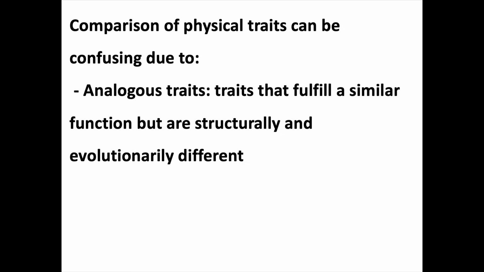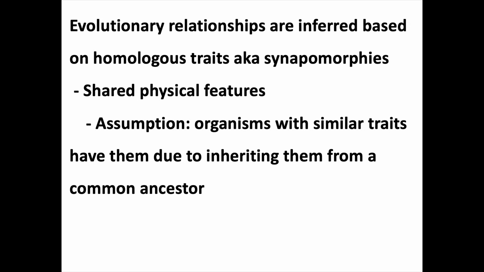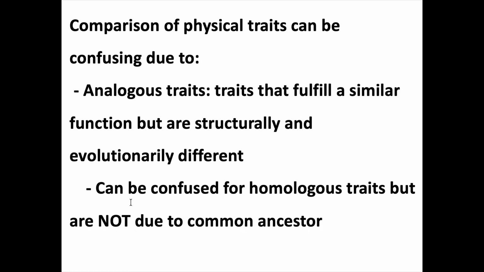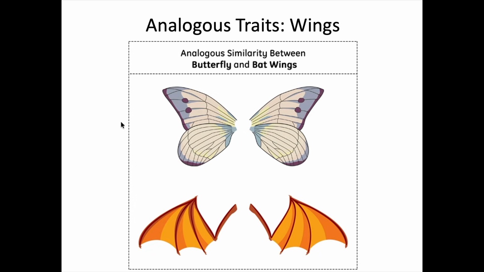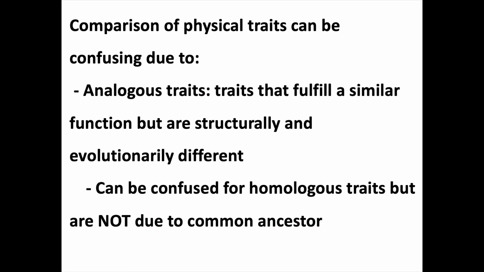Analogous traits: similar function, but they're structurally and evolutionarily different. Homologous traits: based on a common ancestor. And analogous traits can be confused for homologous traits, but again, they're not due to a common ancestor. These butterflies and these bats evolved their wings independently of one another.